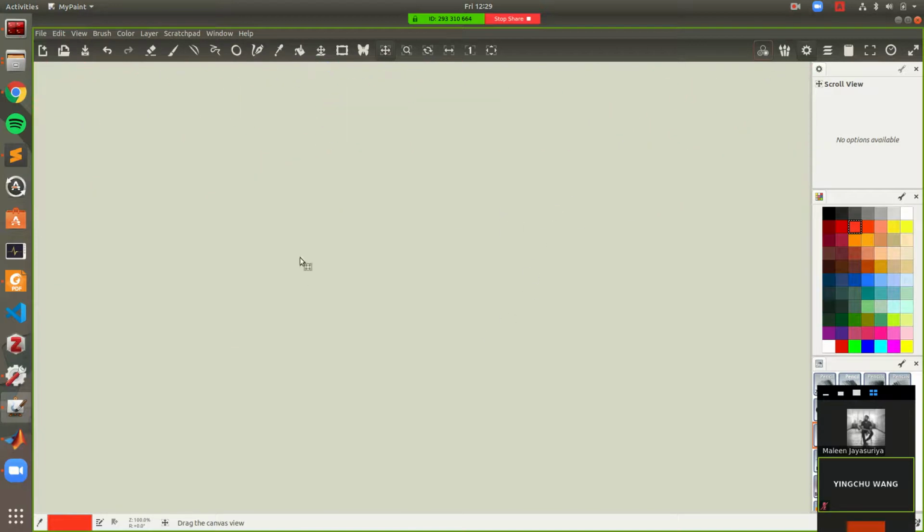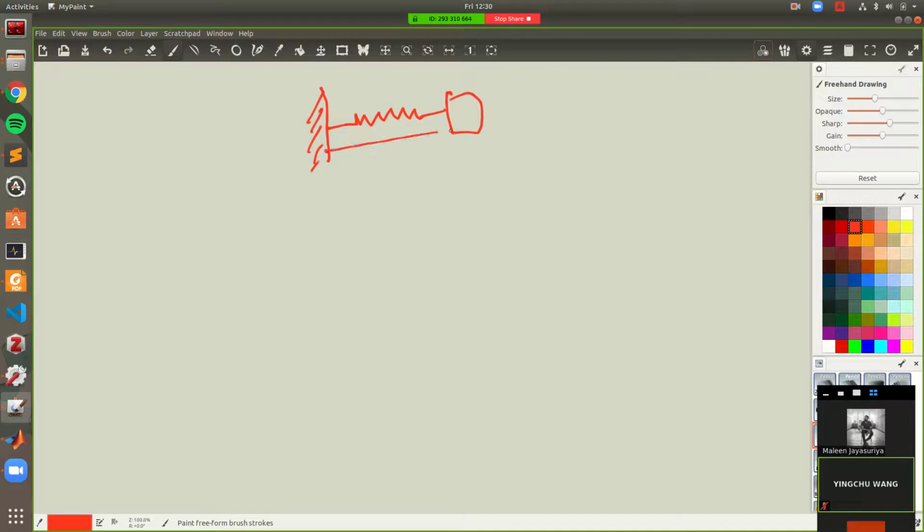If you go to the PDF I gave you, you can see a simple mass spring system, with a spring attached to a block on the table.